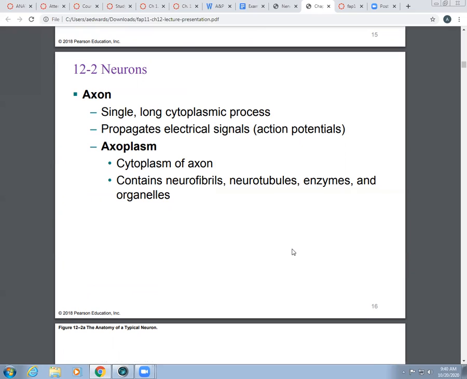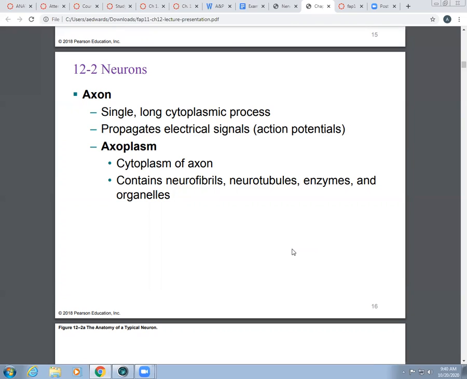Now, the axon is a long process that has cytoplasm in it. You usually just have one. You can have many dendrites, but usually just one axon. And its role is to propagate or conduct an electrical signal. And that happens in the form of action potentials.